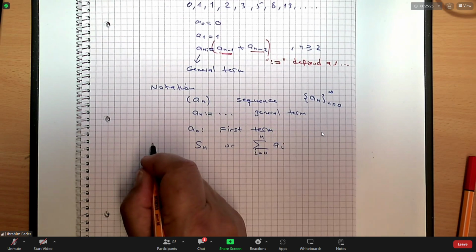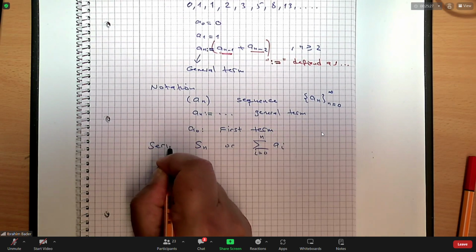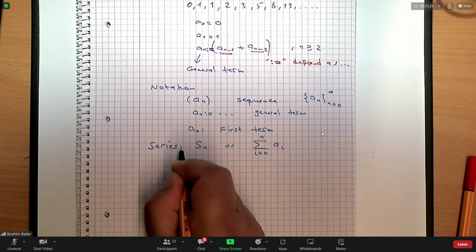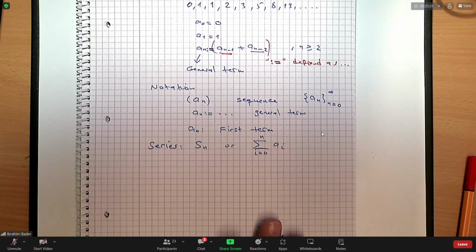This will refer to the series. We will talk about it later in detail. So if I want the sum of the first 5 elements, I can write S sub 5, or I can write the sum of i equals 0 to 5 of a_i.